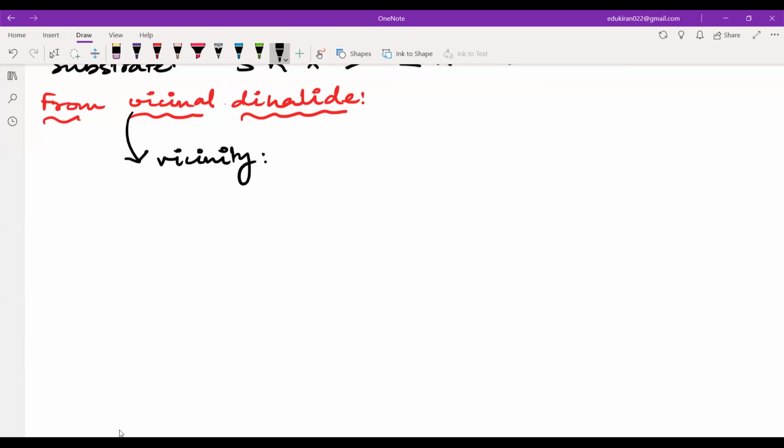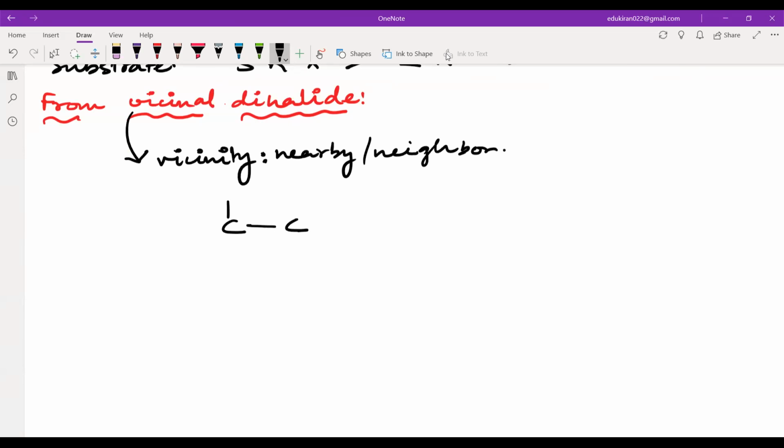Does anyone know the meaning of vicinity? It is an English term, not a chemistry term. Adjacent, nearby, neighbor.